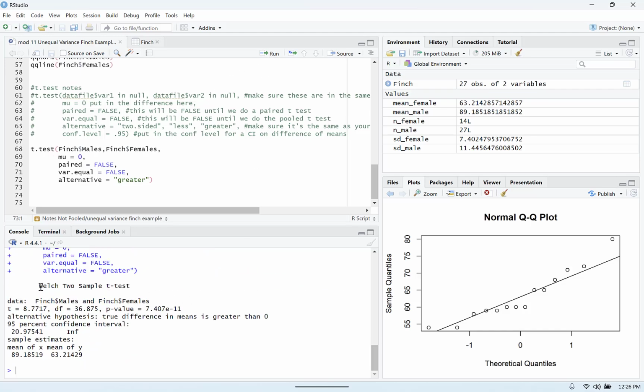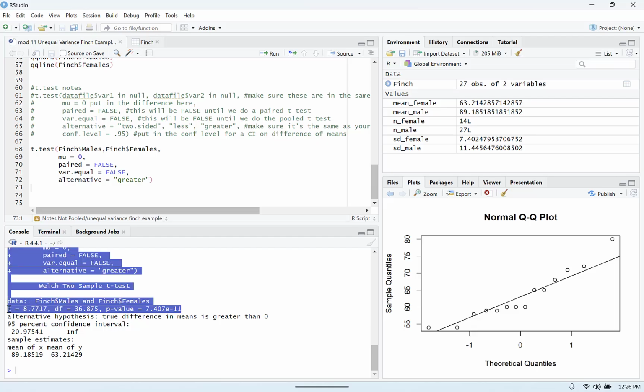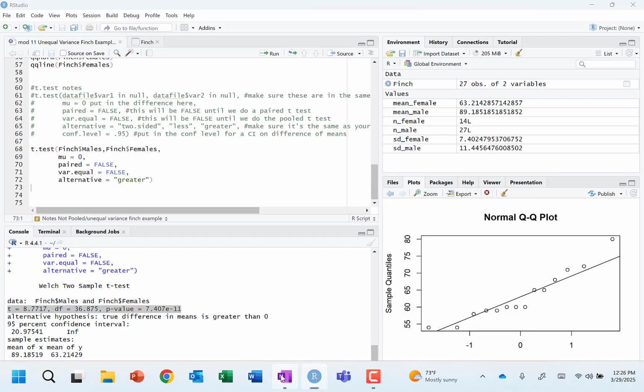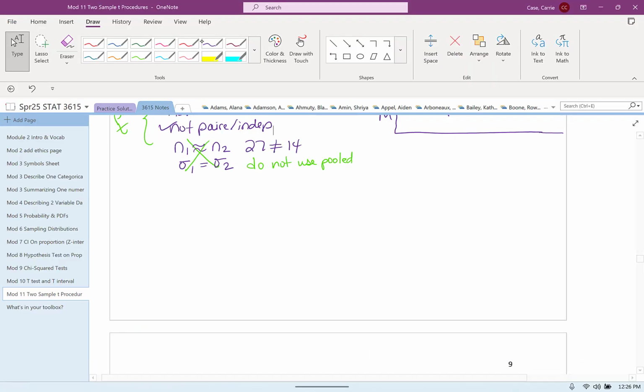And my test, notice this is the Welch's two-sample test. Welch's test is the not pooled or unequal variances test. My test statistic T is 8.77, and my p-value is 7.4 e to the negative 11th, or effectively 0. All right, let me write all that down. So I did my not pooled or Welch's t-test.